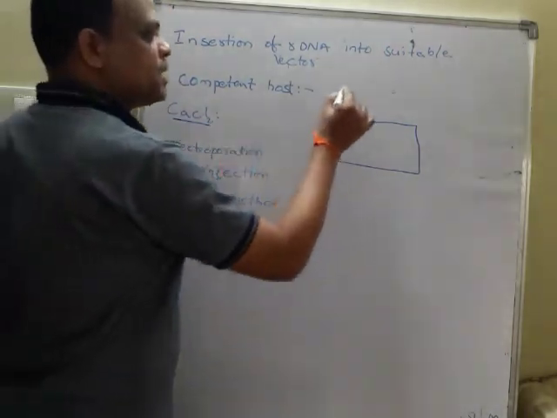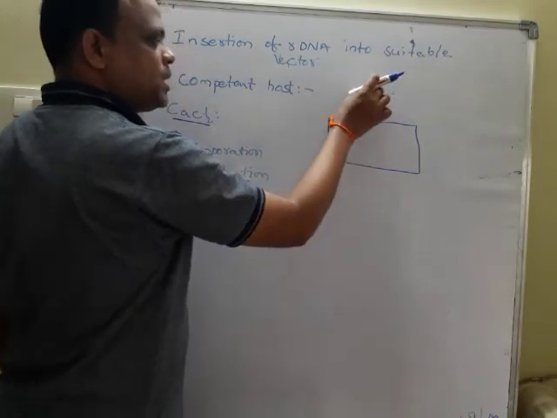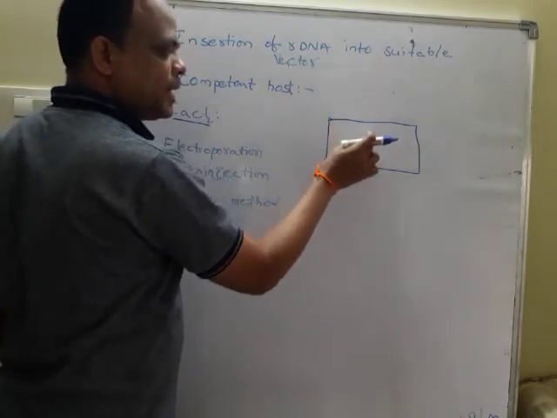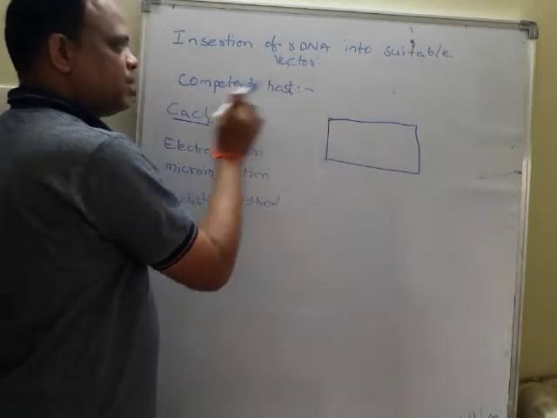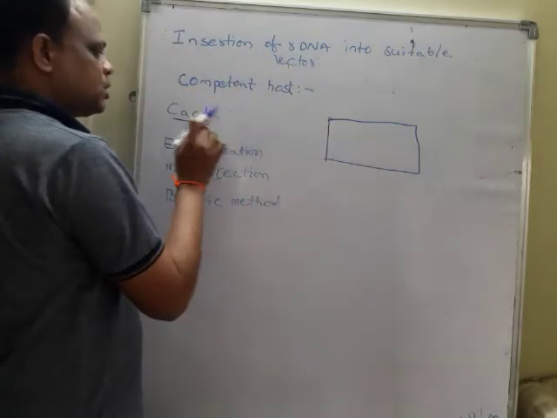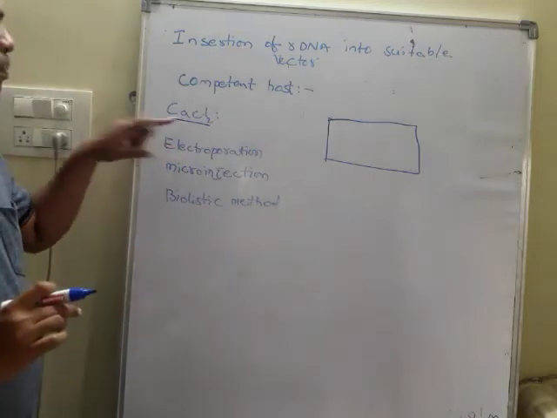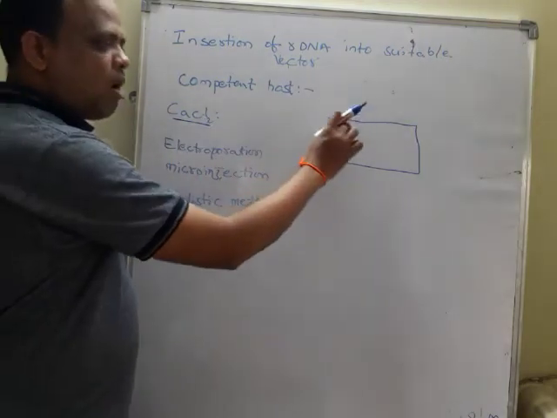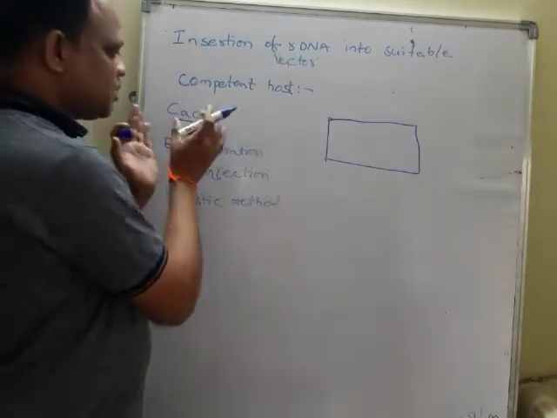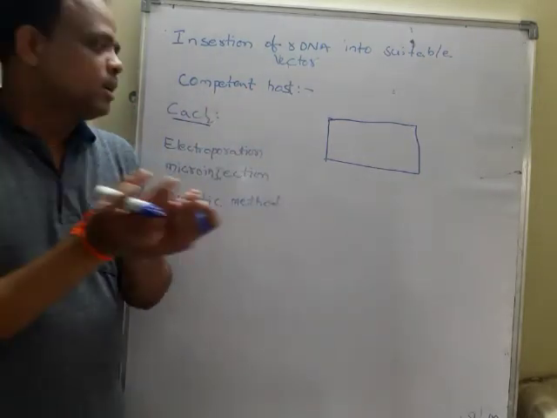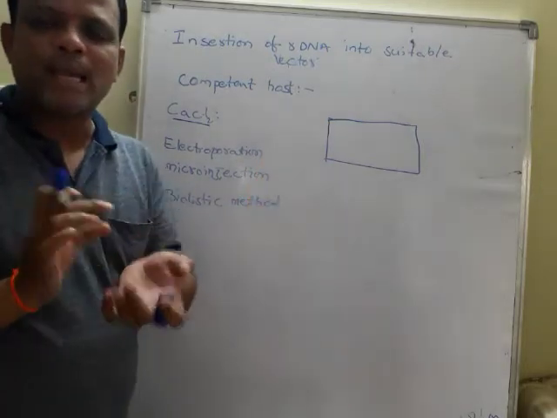The DNA particle is hydrophilic, so these hydrophilic particles do not enter into the host cells. Before that we have to make the host competent with CaCl2 treatment. First the host cells are placed in a calcium chloride solution, then the cell wall is solubilized.